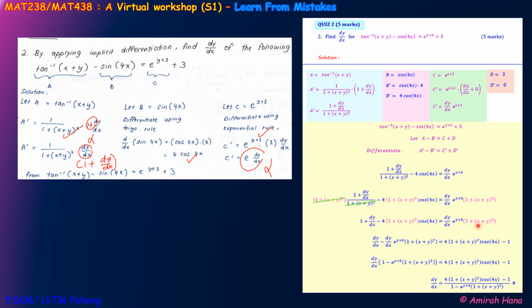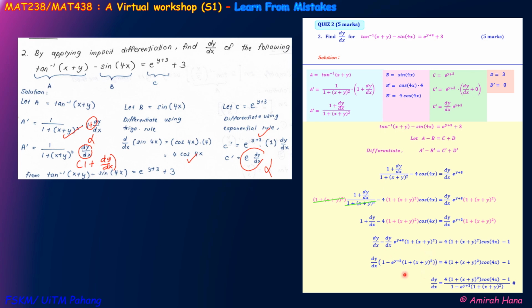After that, we can move the term containing dy over dx to left hand side. So, we get this. Kita bawa yang ni ke sebelah kiri. Yang tak ada dy over dx, kita pindah sebelah kanan. And after that, we can factorize dy over dx. So, we get in bracket 1 minus semua yang ni, so that when we expand, we get back yang atas ni.